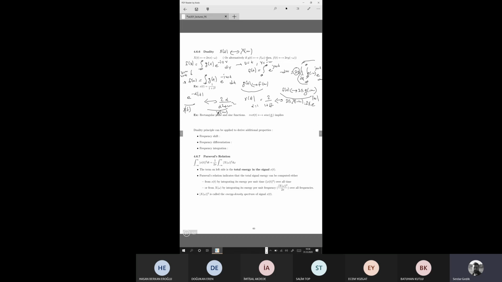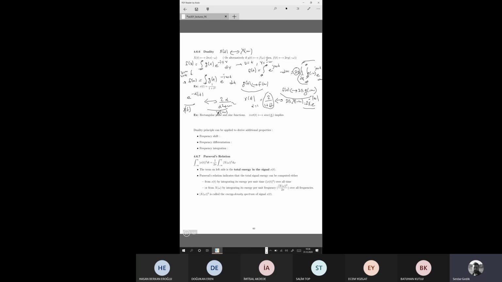So it tells you that 2 over 1 plus t squared and 2π e^(-|ω|) are Fourier transform pairs.